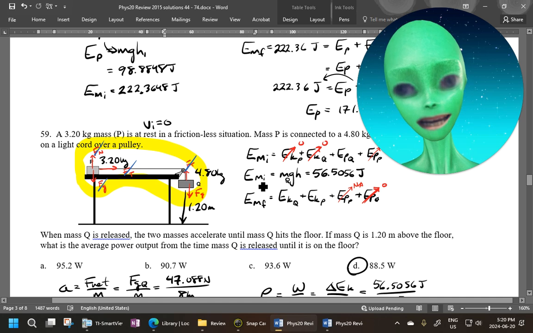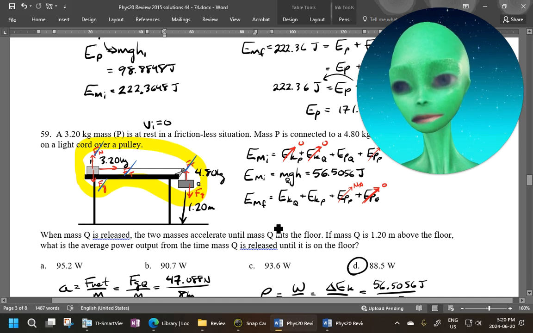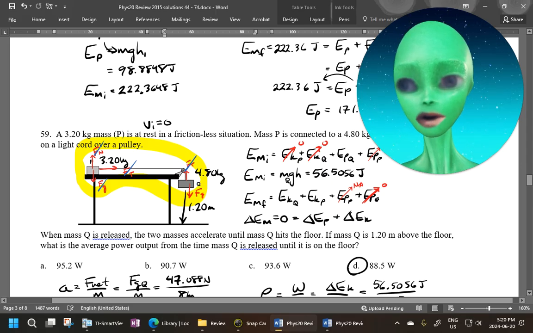So the mechanical change is 0, all right? But I'm worried about my kinetic. So if I look at how this works out, the change of EM is 0, which means that my change in potential plus my change in kinetic has to end up being 0. That's like the work energy theorem. This is that final minus initial ends up being 0 thing.